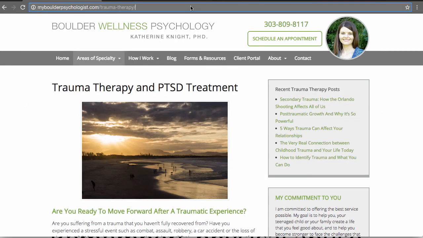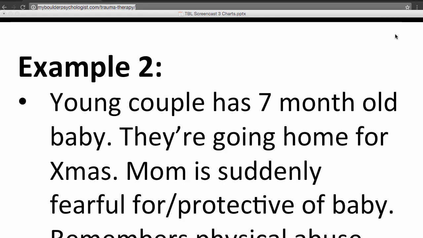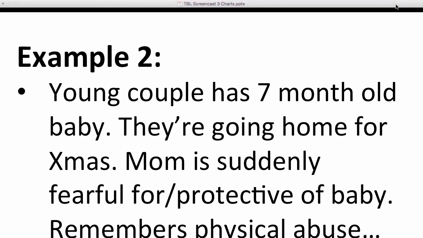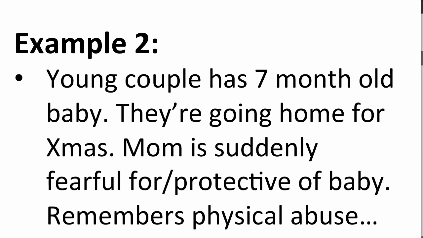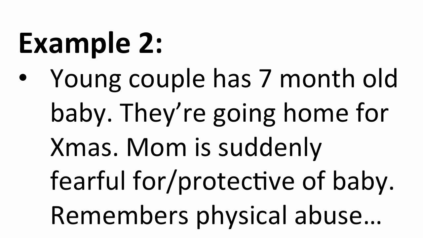Now, here's another journey, okay? This is another typical thing, which you can probably relate to from clients who have come in. Young couple has a 7-month-old baby. They're planning on going home for Christmas, home to her family, show off the baby to all the friends and family, all that good stuff. Mom's suddenly fearful.